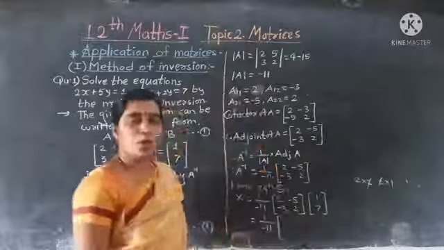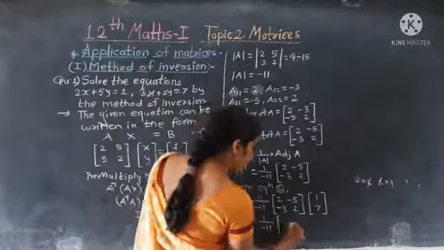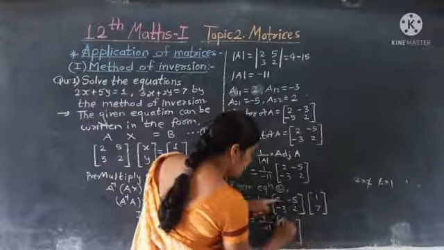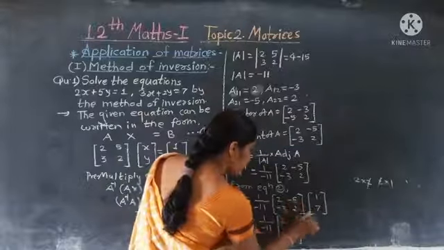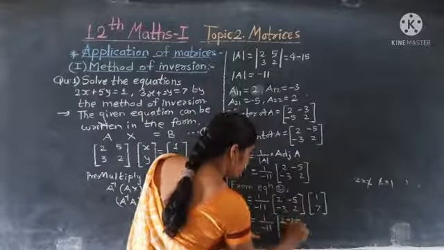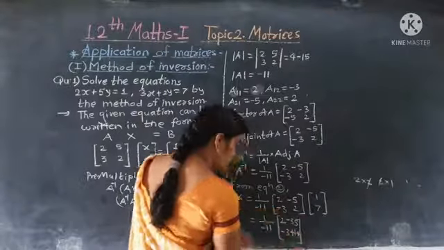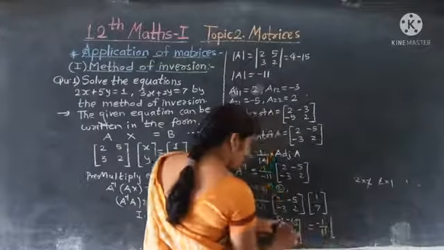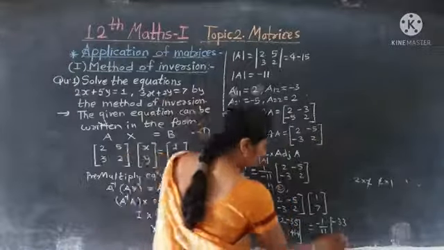So the answer is a matrix of order 2 by 1, that is, 2 rows and 1 column. 2 into 1 is 2, 5 into 7 is minus 35. Here minus 3 plus 14. So you get minus 1 upon 11 into, this is minus 33 and here 14 minus 3 is 11.